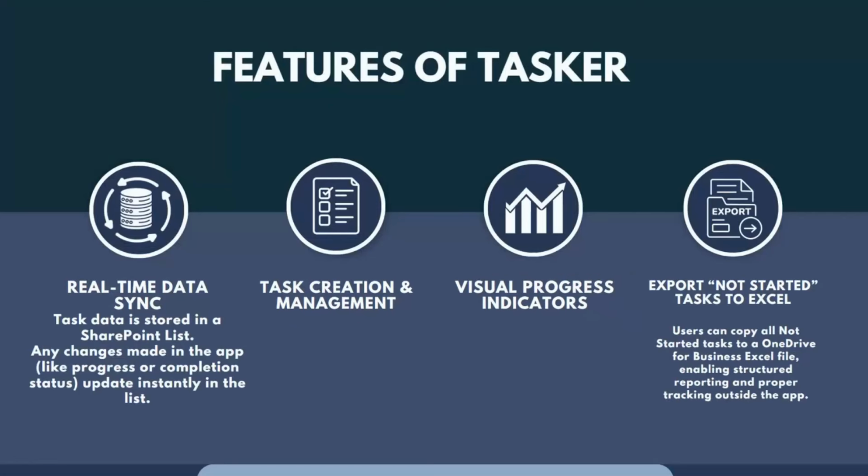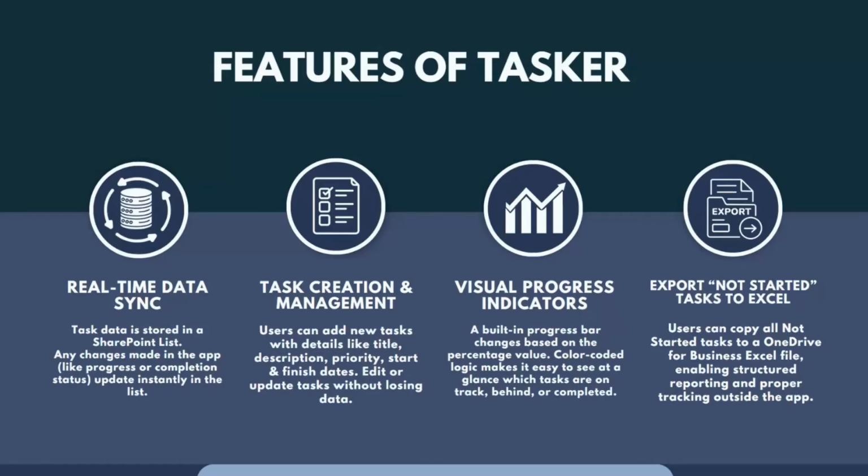So these are the features of Tasker. Real-time data sync with the SharePoint list. Any changes made in the app, like any of the changes on progress or the status, are updated instantly on the SharePoint list. And we can add a new task with details like a task description, priority of the task, start and finish dates.